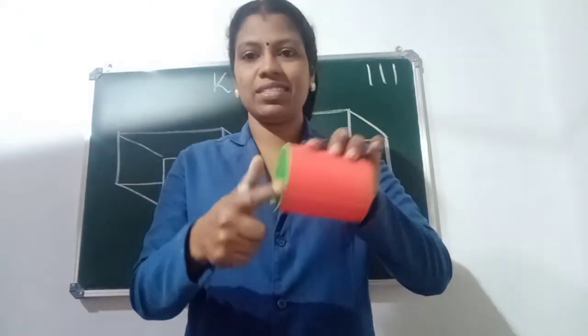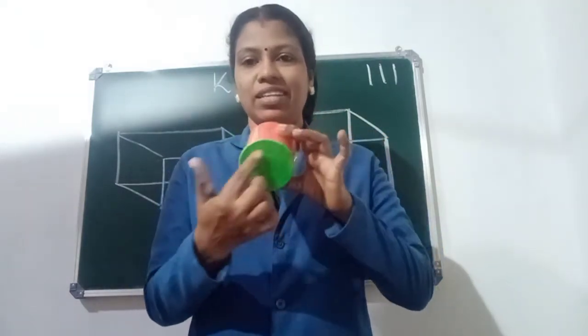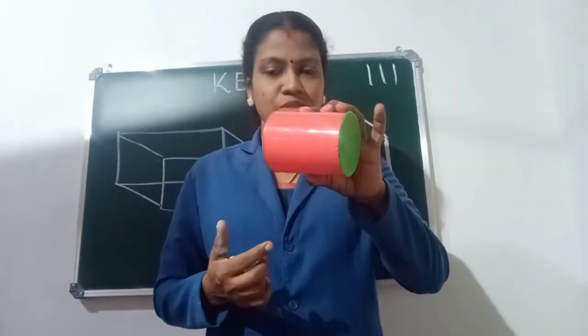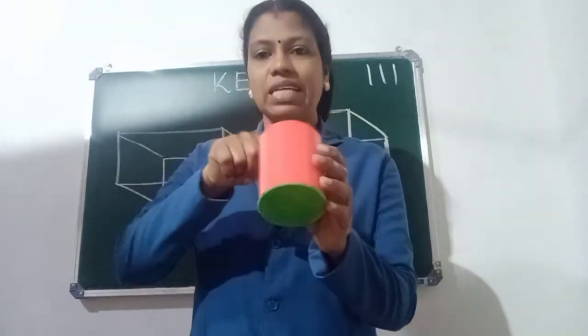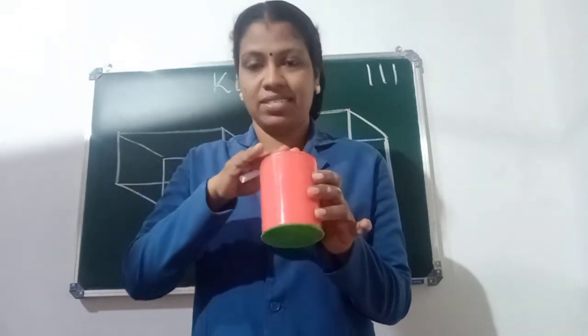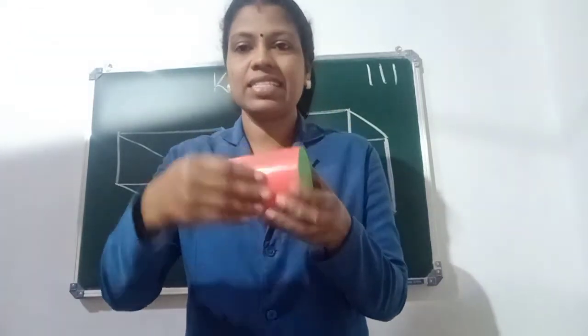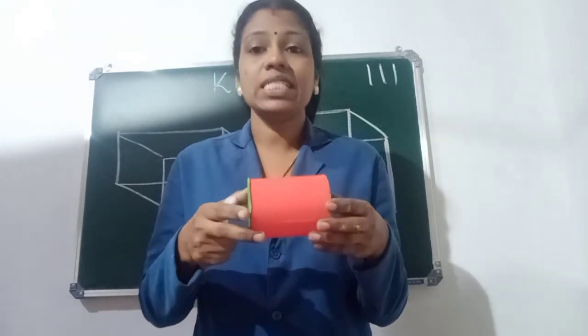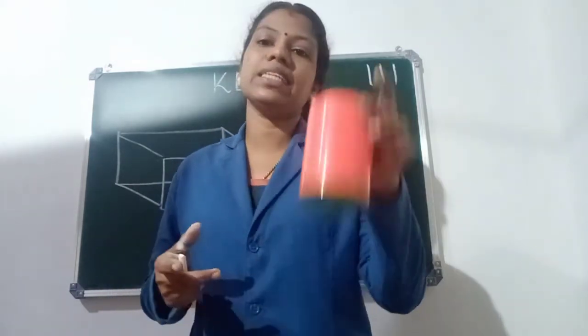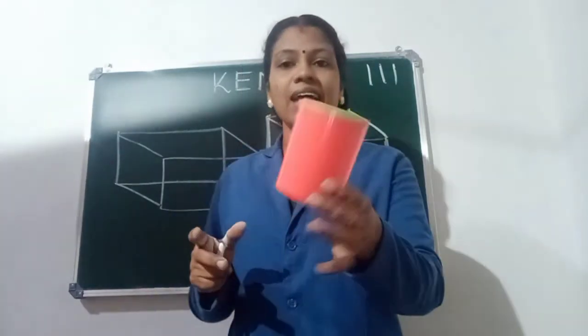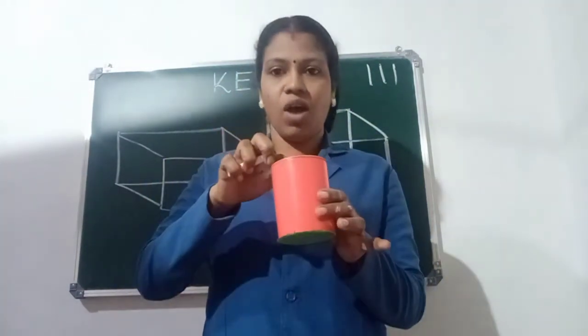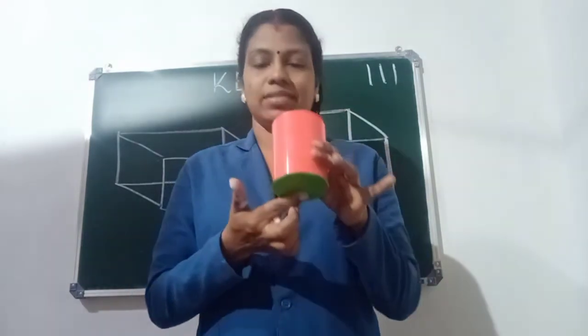Here 1 face, a circle face. Here also another face. Does it have only 2 faces? No, it has 3 faces. These 2 faces are called plane faces, circle shapes. And the central face is called the curved face. So a cylinder has 3 faces: 1, 2 and 3.